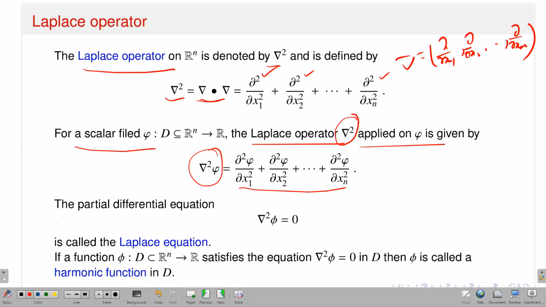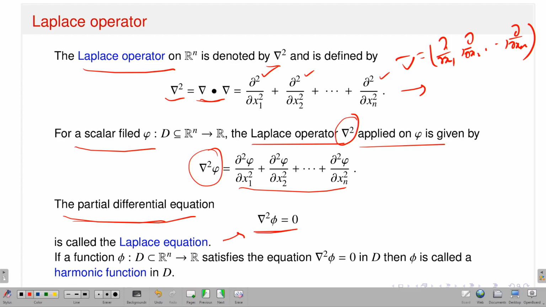You first perform the second order partial derivative with respect to the x1 variable twice. Okay. And if I equate it to 0, the partial differential equation del square phi equal to 0 is called the Laplace equation. I think the definition of the Laplace operator and the corresponding Laplace equation is clear.